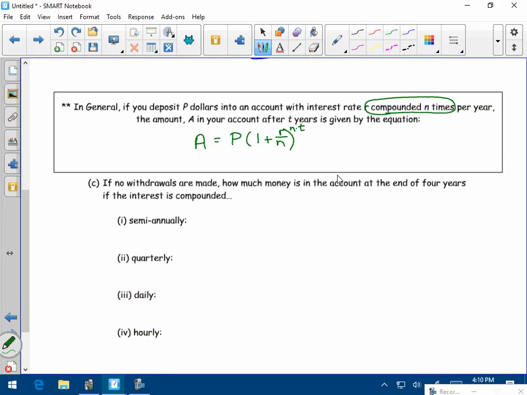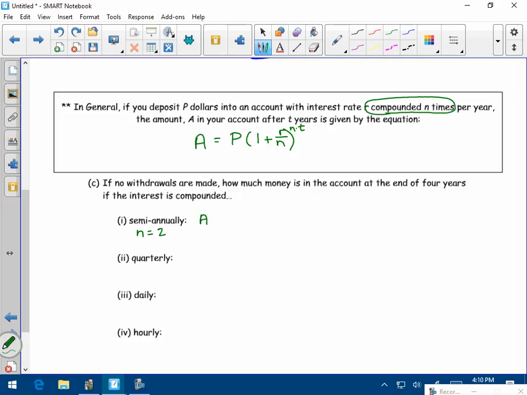Okay, so real quick at the end here. If no withdrawals are made, how much money is in the account at the end of 4 years if the interest is compounded? Only thing I'm changing is how often I'm compounding. Any idea what N would be if it's semi-annually? Semi means twice a year, so N is 2.